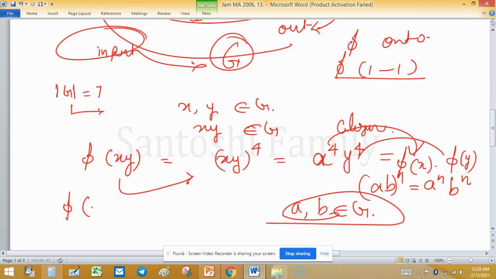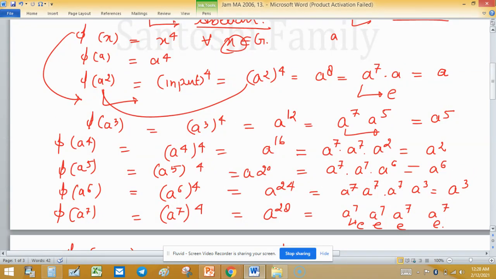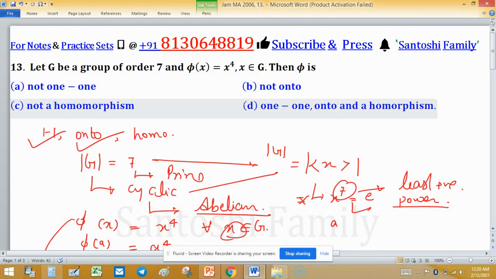That is, phi of xy can be written as phi of x times phi of y. So phi is a homomorphism, and these are arbitrary elements. So the first three options are discarded, and the correct option is D.